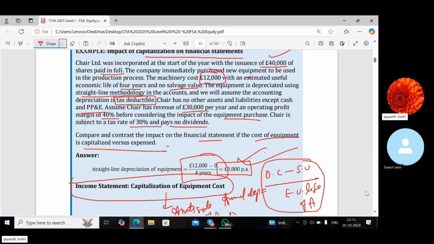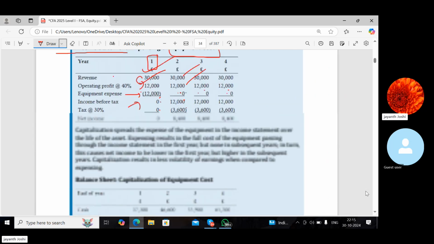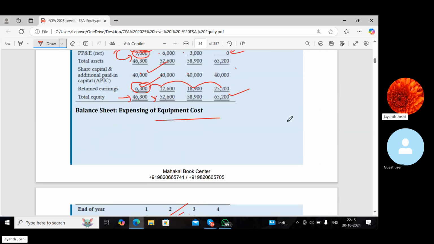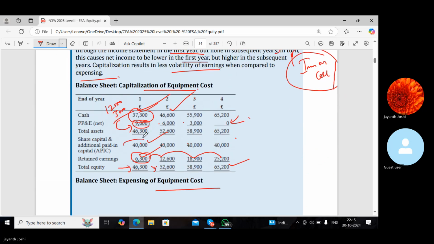So I'll go with this narrative: I know my share capital is 40,000, and I know my retained earnings and my total equity. From that, if I remove property, plant and equipment in the first year, I get the cash balance. Then in the second year, my retained earnings get added, and if I remove 6,000, I get my cash.